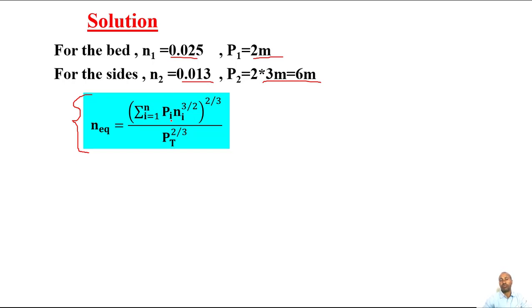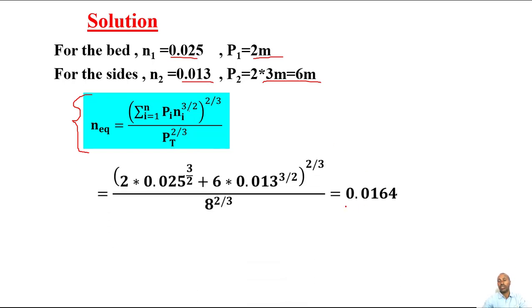So you have the summation of Pi Ni to the power 3 over 2, the whole to the power 2 over 3, over the total perimeter to the power 2 over 3. Once you compute this one, you get this result. Then 2 times this one, summation over the total weighted perimeter. You have 2 plus 6. So this is the equivalent roughness. So discharge will be Q equals A over N equivalent.